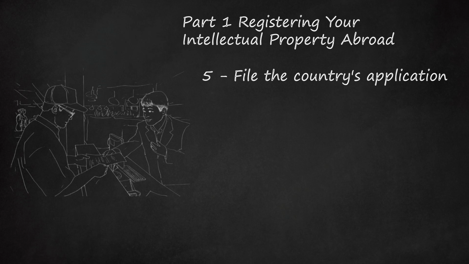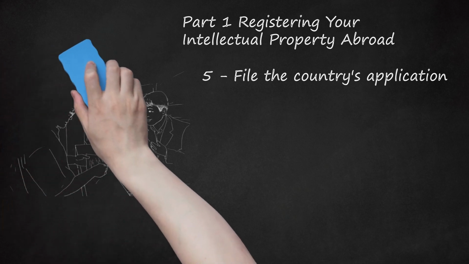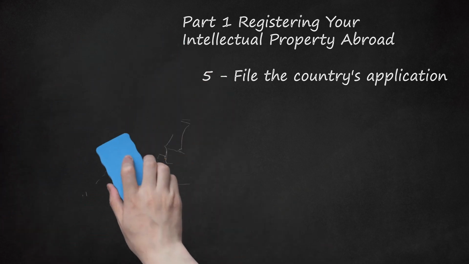If it does, a patent will be issued, except for inventions. If you have an invention, you will need to publish your application and request a substantive examination of the invention. If China, after the examination, concludes your patent conforms with Chinese law, they will issue you a patent for your invention.